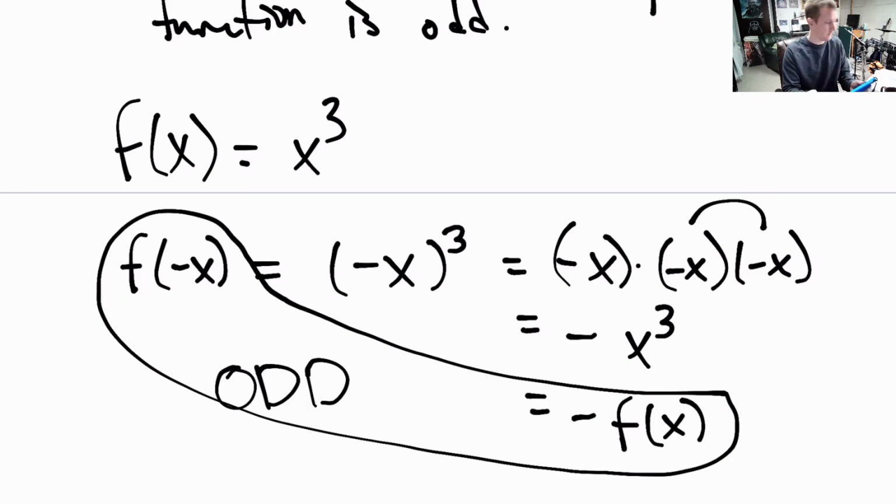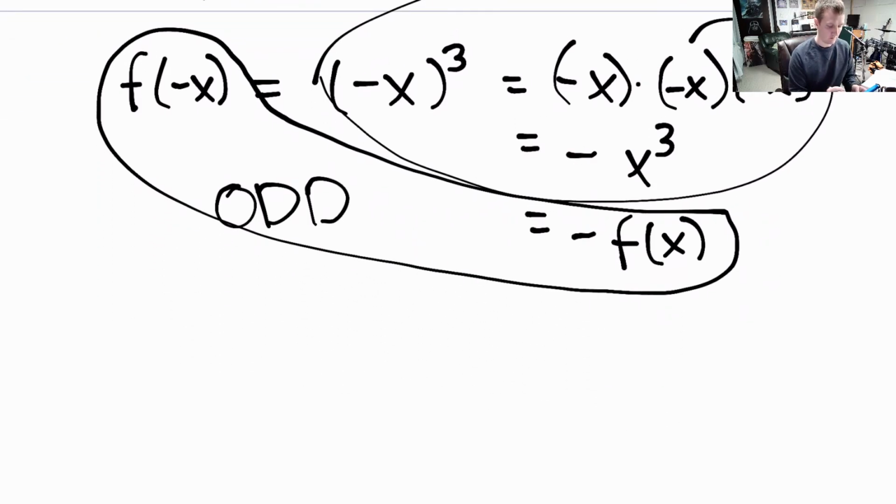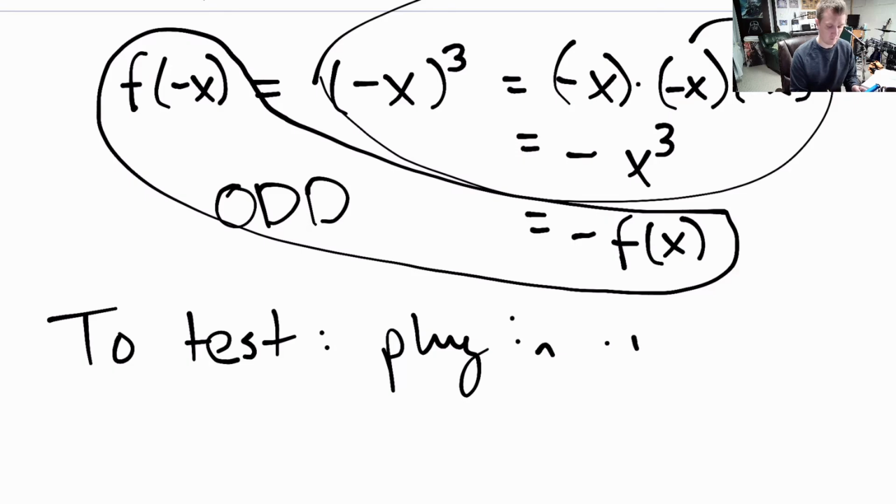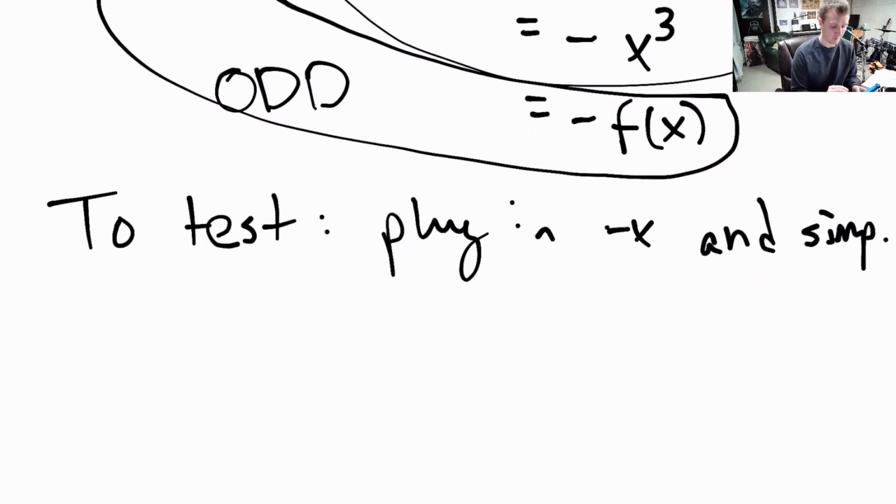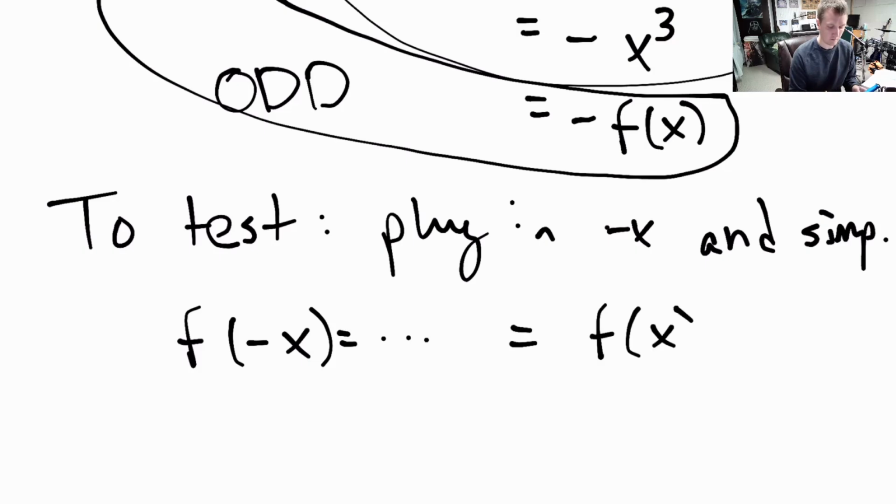That's the test. That's the algebraic test. And it's fortunate, it's the same test for both odd and even functions. You plug in negative x to the function. You simplify. If you get the original function back, then you've got an even function. So you plug in negative x, simplify, and if it equals f of x, it's even.